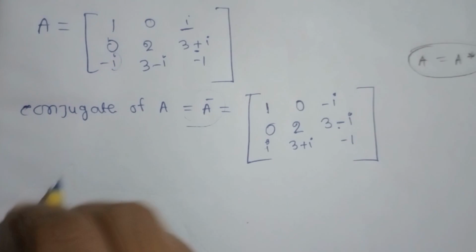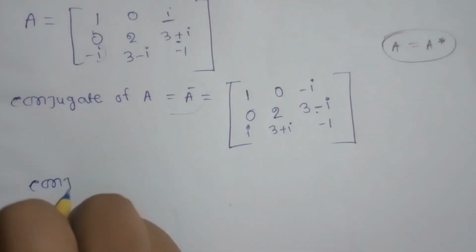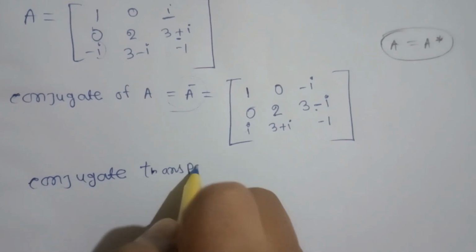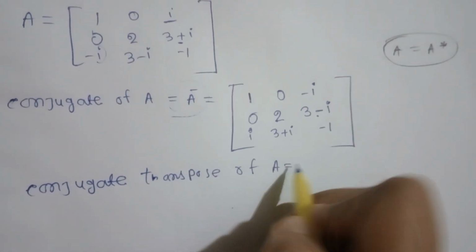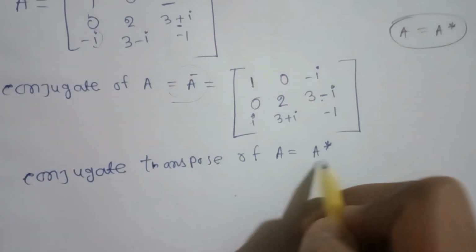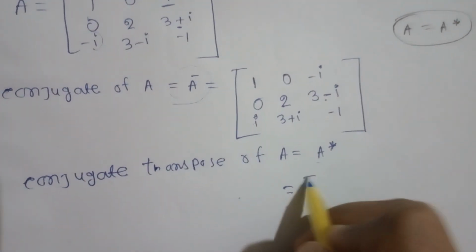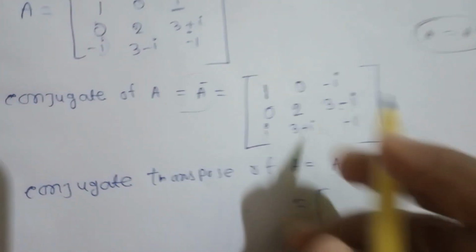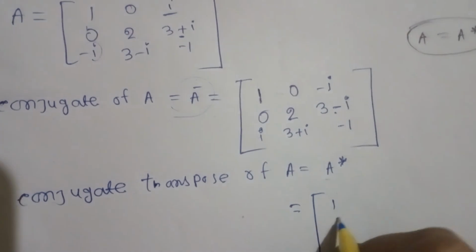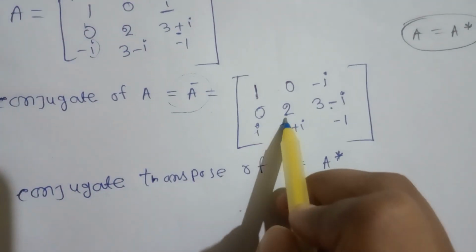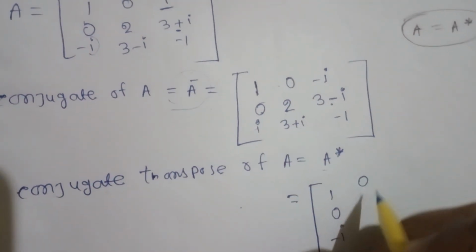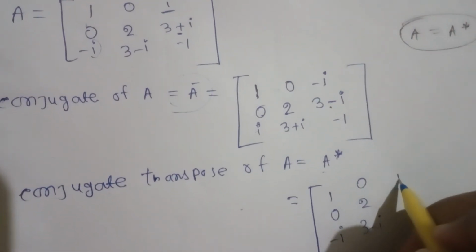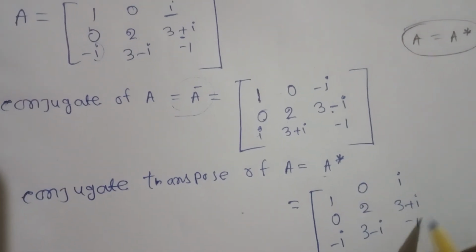Again we find the conjugate transpose. The conjugate transpose of A is equal to, first row will be first column, 1, 0, minus i will be the first column, 0, 2, 3 minus i, second row will be second column, third row will be third column.